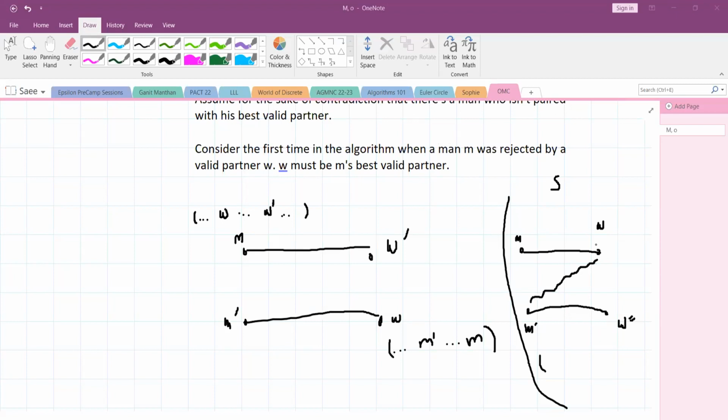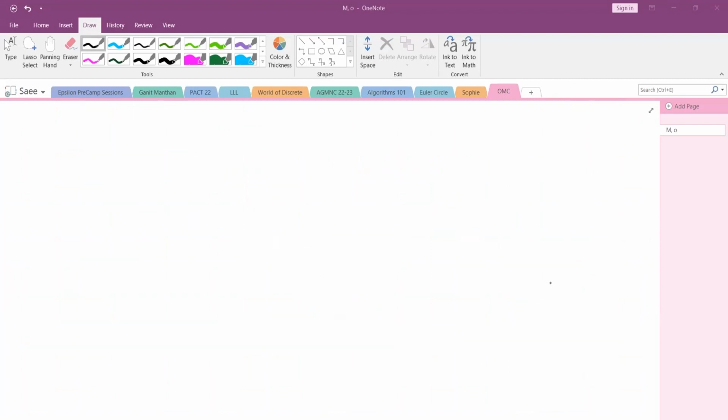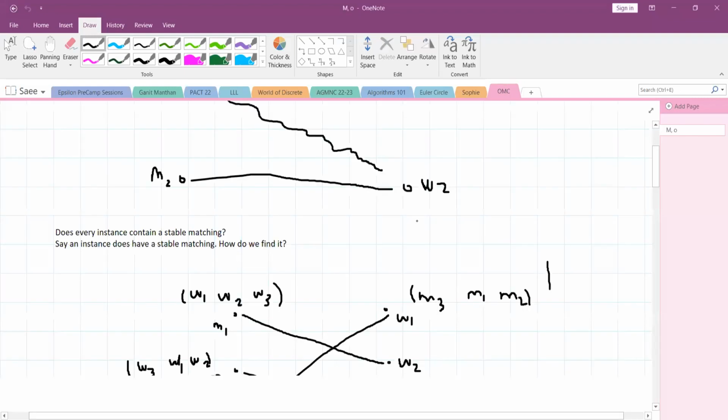It's pretty easy to see. So we have M and W paired in some other stable matching, right? And let's say in that stable matching, M prime is paired with W double prime.